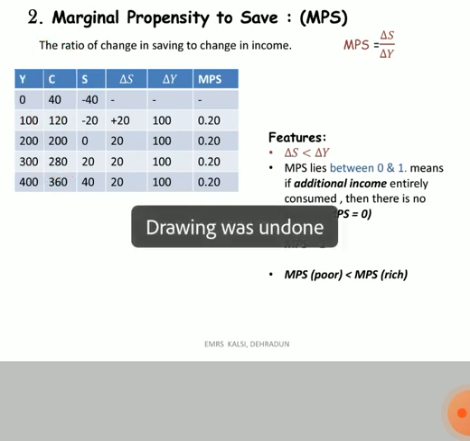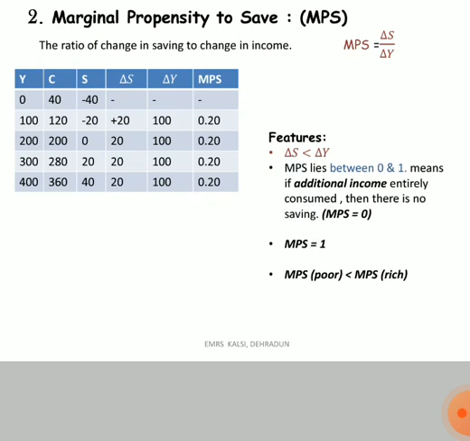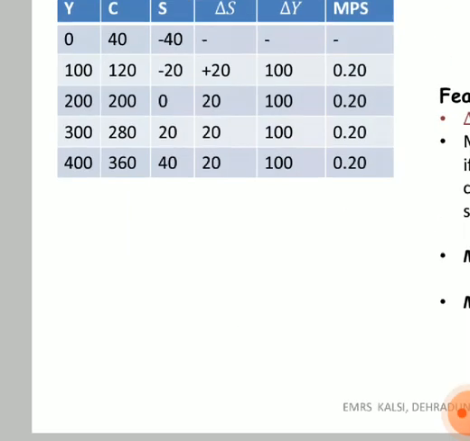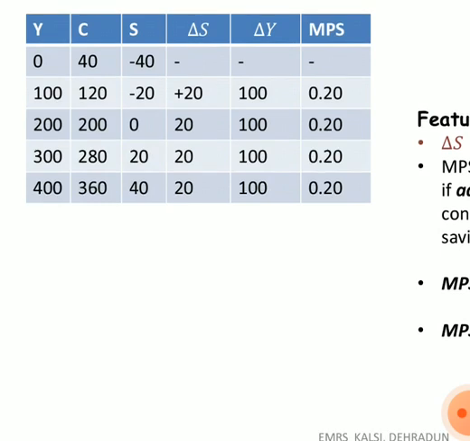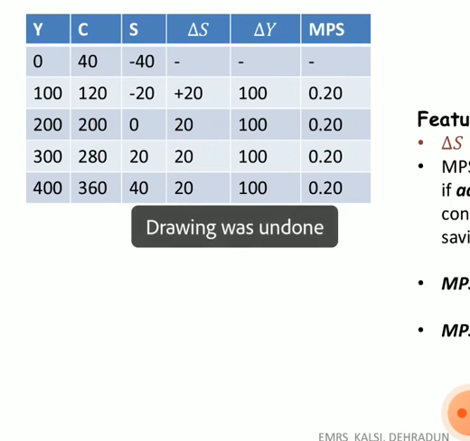You have to find the savings, then you have to find the change in saving. How much difference is there in your savings from the previous saving? So here you can see the saving is minus 40, minus 20. The change in saving, how much is it changing?